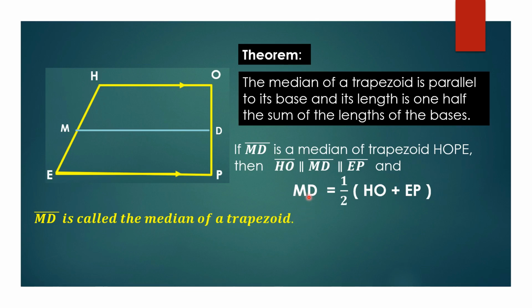And MD, or the median of this trapezoid, is determined by this formula: 1/2 times the quantity HO plus EP. So we have to add the lengths of the two bases.